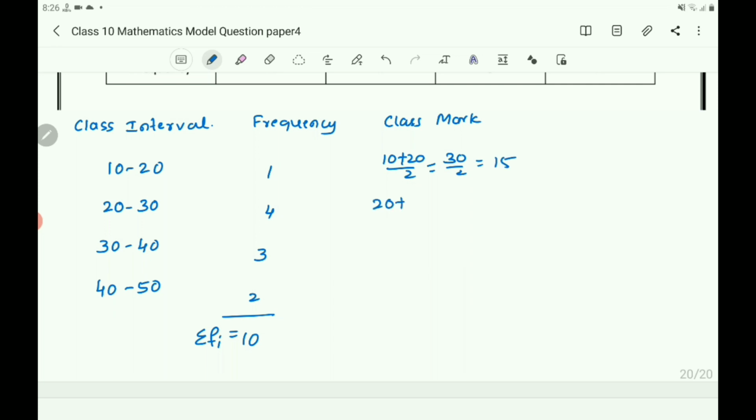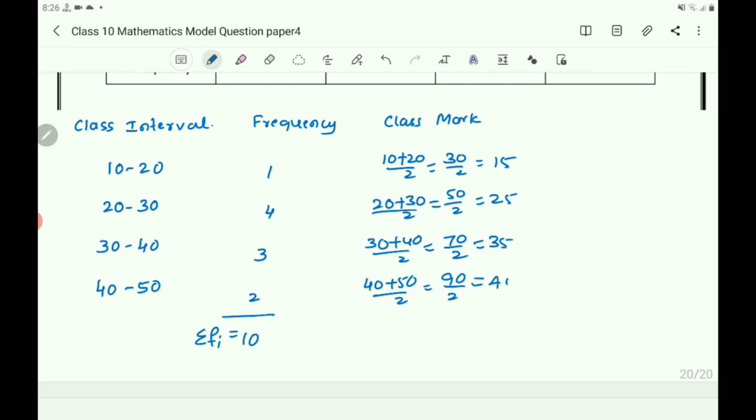And 20 plus 30 by 2, 50 by 2, 25. 30 plus 40 by 2, 70 by 2 equals 35, and 40 plus 50 by 2, 90 by 2 equals 45.